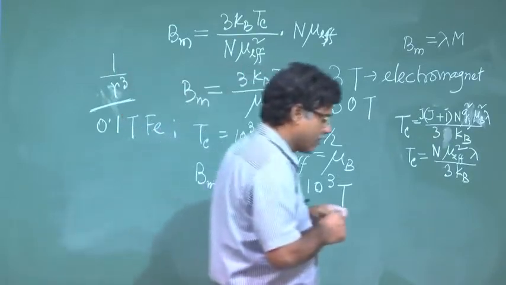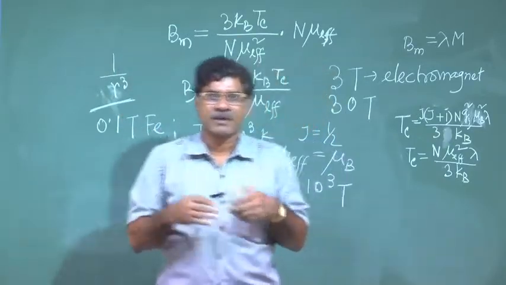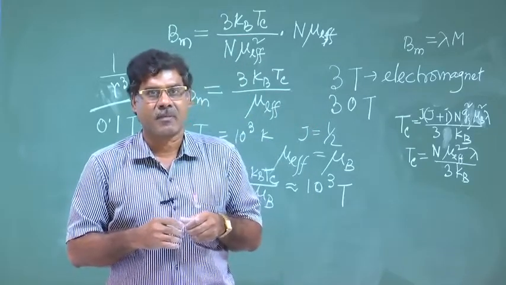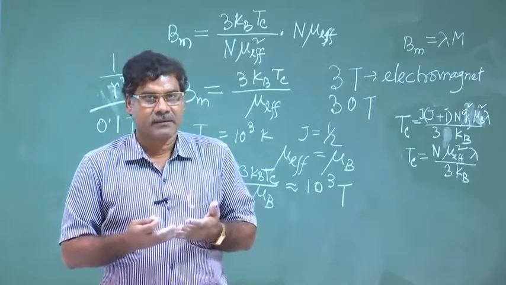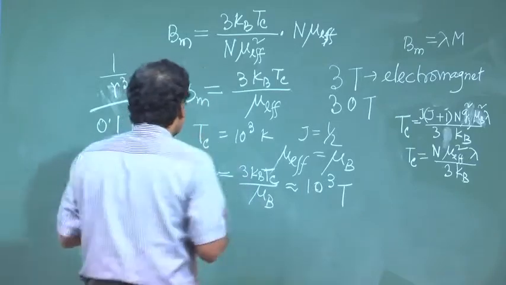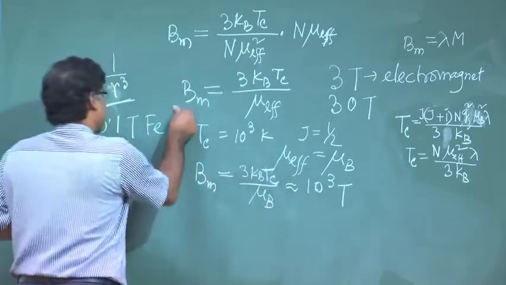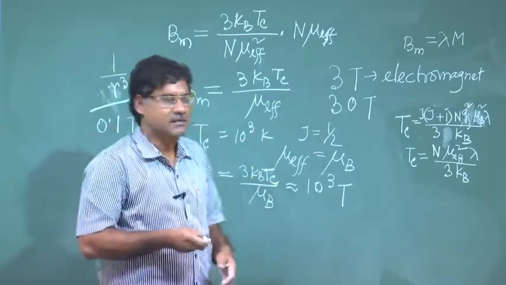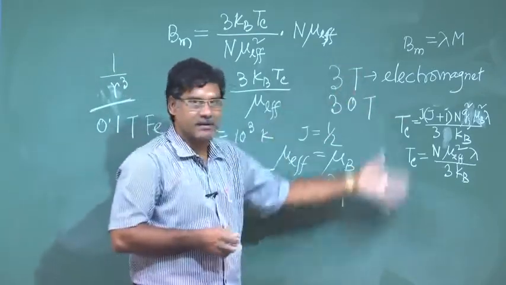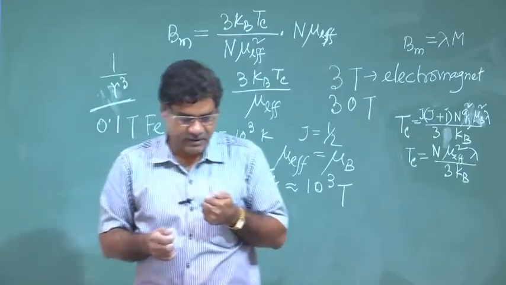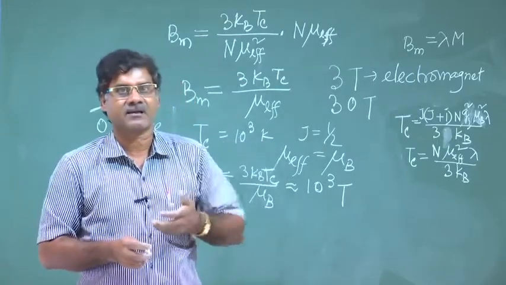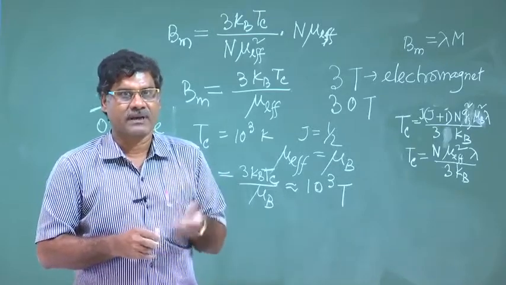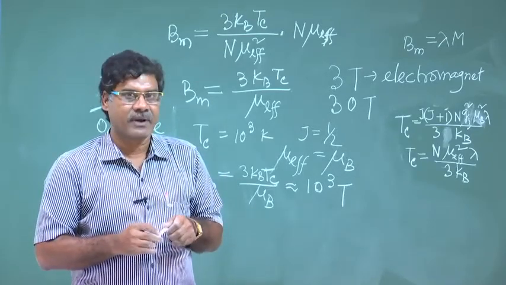The Coulomb interaction is comparatively very high. So, it is not the dipole-dipole interaction; the origin of this Weiss field, the molecular field, must be the electrostatic interaction, okay, the Coulomb interaction. So, that is the point.